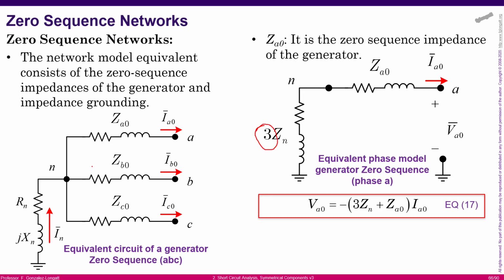This number 3 is used to represent that the neutral current is 3 times the zero sequence in the 3-phase equivalent model, and we represent that voltage drop here using 3 times the neutral point, okay?